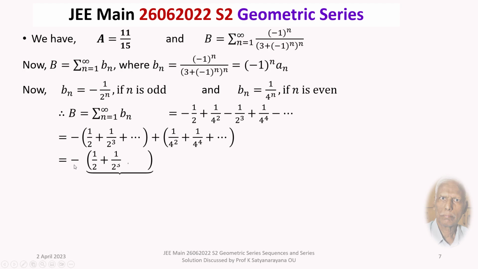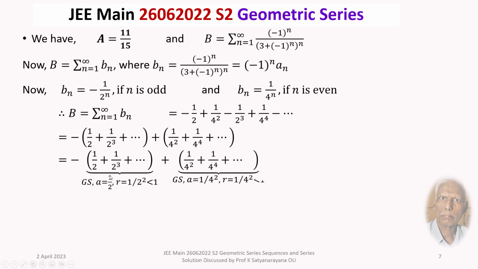Now minus the first bracket is a geometric series with A is equal to 1 by 2, R is equal to 1 by 2 square, which is less than 1. And the second bracket is the geometric series with the first term A is equal to 1 by 4 square and the common ratio R is equal to 1 by 4 square, less than 1. And we know the first bracket sum is 2 by 3.